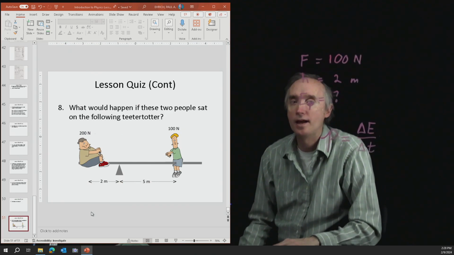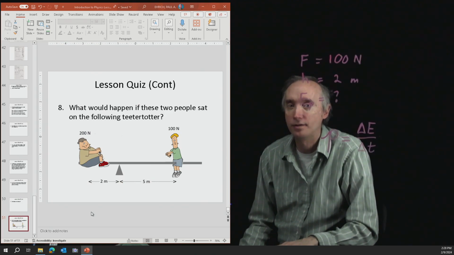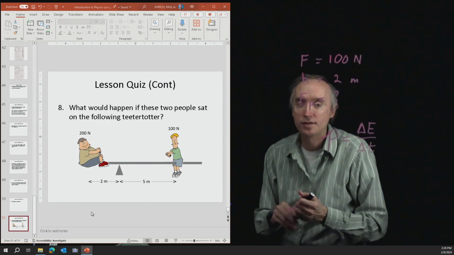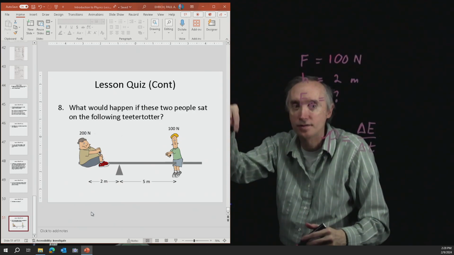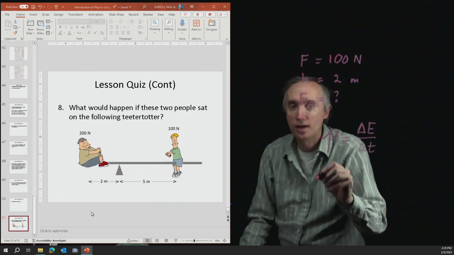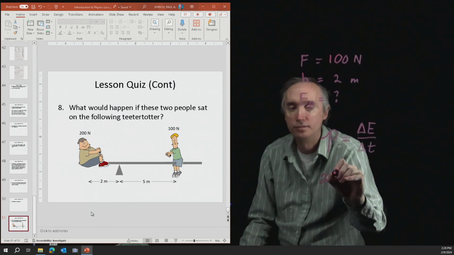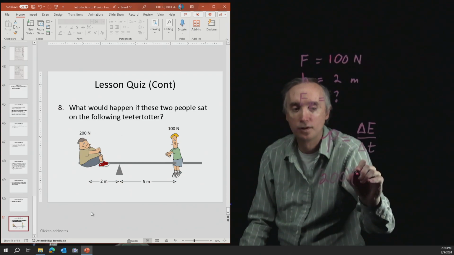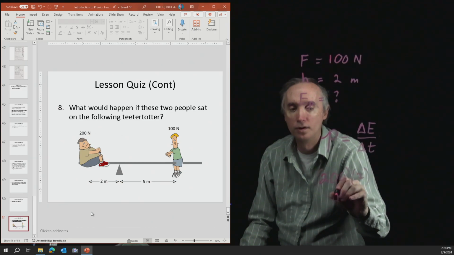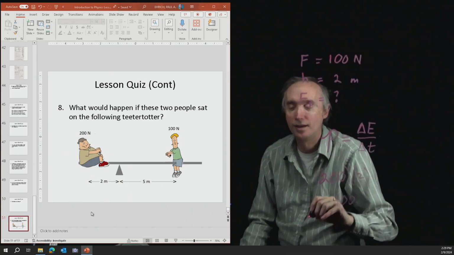Number 8, what would happen if these 2 people sat on the following teeter-totter? Okay, let's put in the amount of work on this side over here. So that's going to be 200 times 2 meters. So that's going to be 400, and they would be joules.